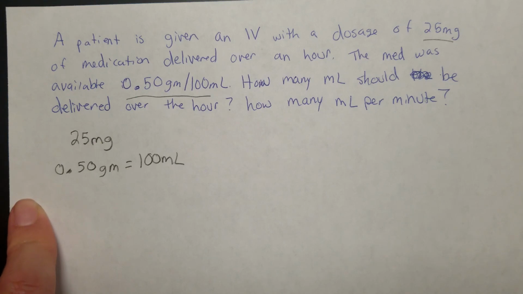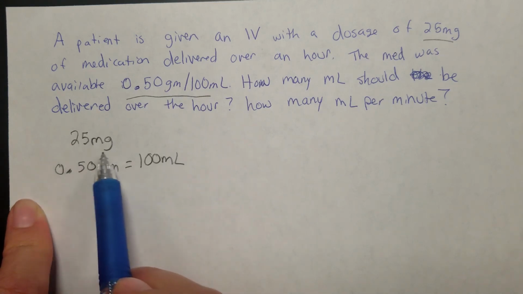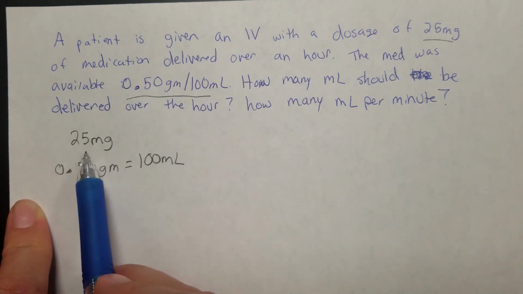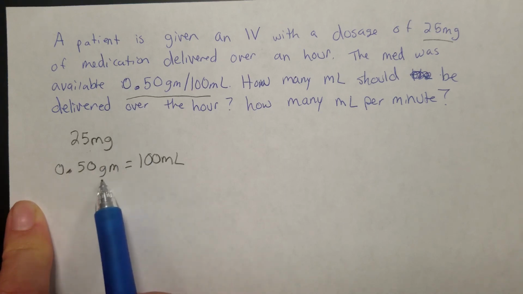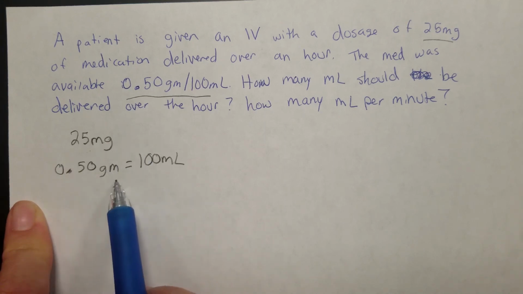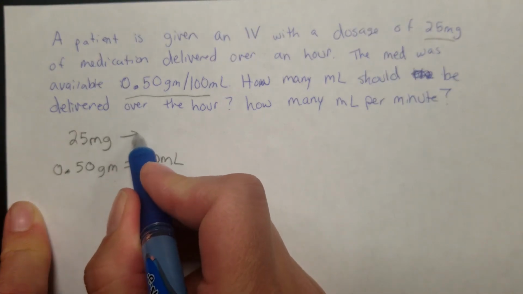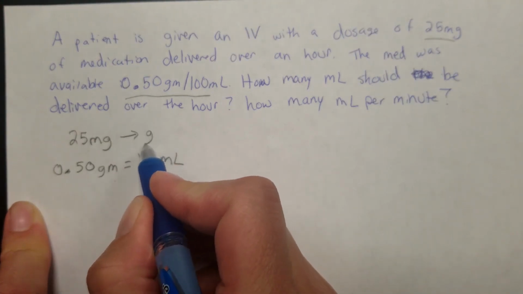They want to know how many milliliters should be delivered over the hour. Okay, so notice the dose that we need to give the patient is 25 milligrams. It's in milligrams. Our conversion factor, however, is in grams. So we have to get it in grams before we can use this. So we know there's going to be a step here to go to grams.